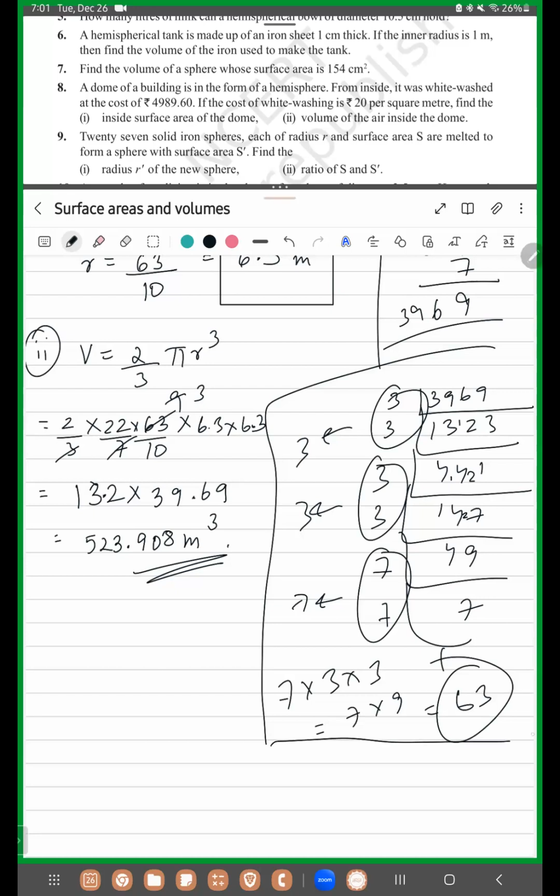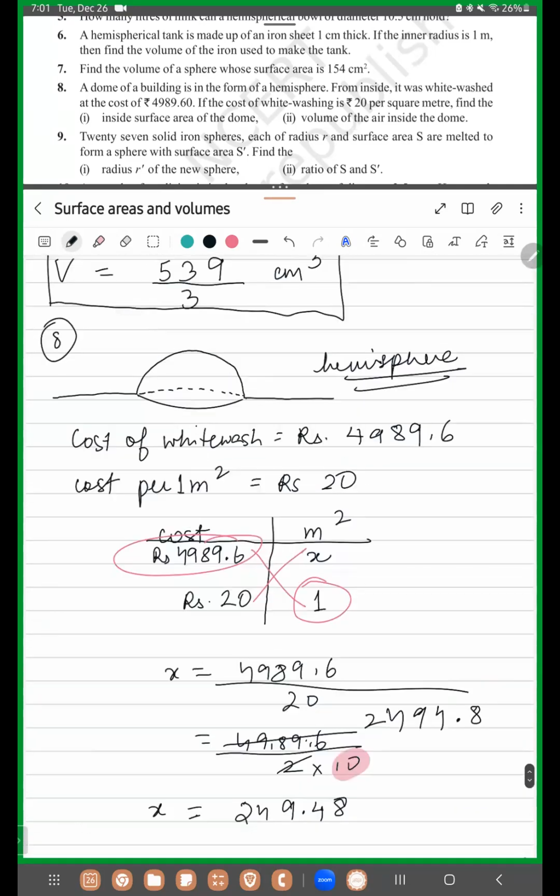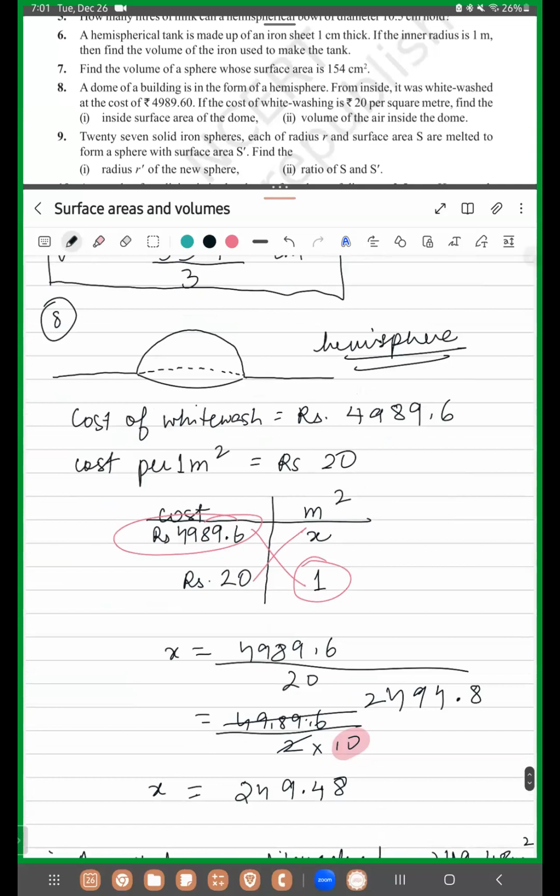So let's take a look at this question again. How did we do it? The total cost incurred for whitewashing the hemisphere was this much, and the rate of whitewashing is given.